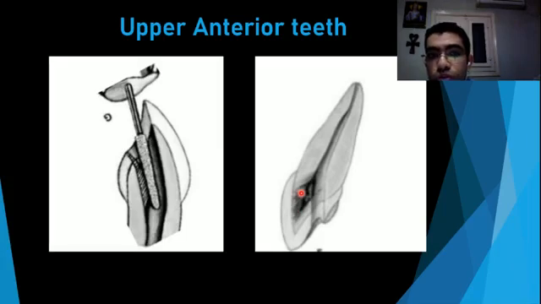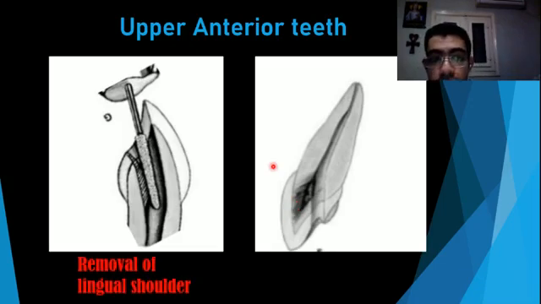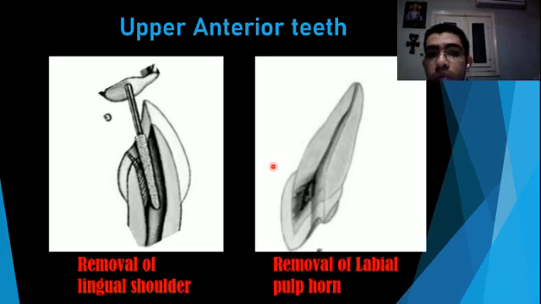This can cause recontamination of our bulb system, and can cause discoloration of the tooth in the future and can lead to subsequent failure. So removal of the lingual shoulder and removal of the labial bulb hole are very important points to consider during access cavity preparation for the upper anterior teeth.